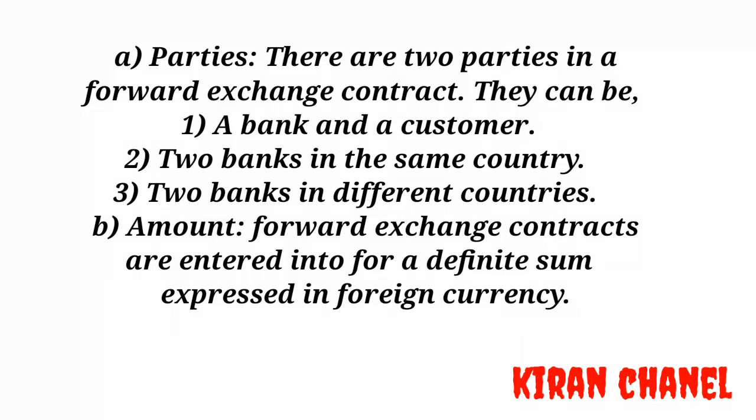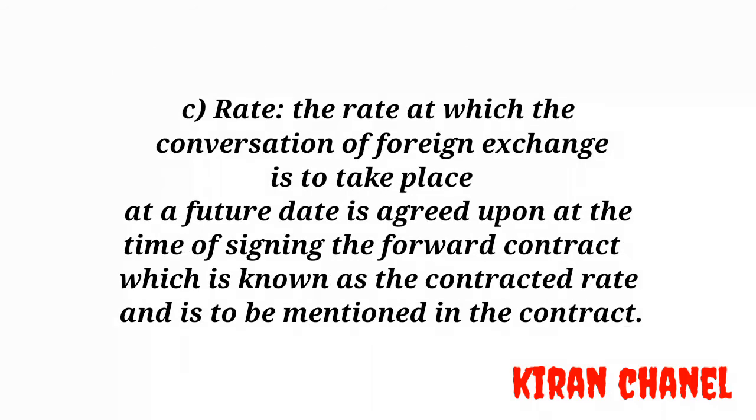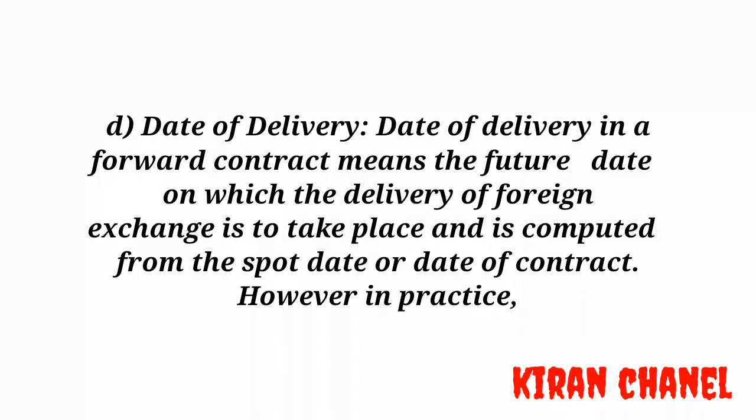B. Amount. Forward exchange contracts are entered into for a definite sum expressed in foreign currency. C. The rate at which the conversion of foreign exchange is to take place at a future date is agreed upon at the time of signing the forward contract, which is known as the contract rate, and it is to be mentioned in the contract. D. Date of delivery.